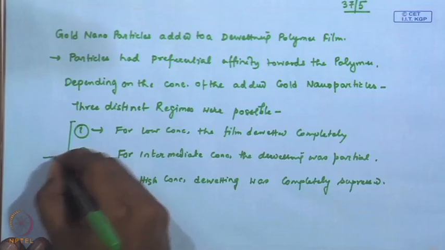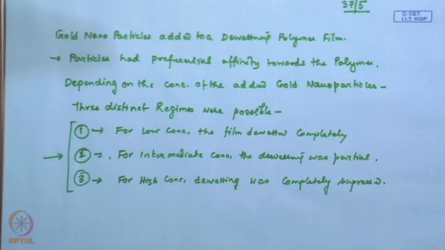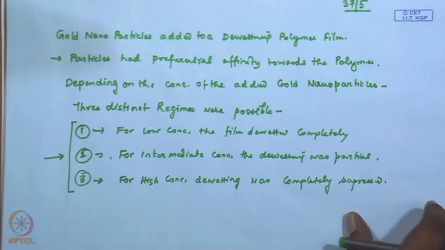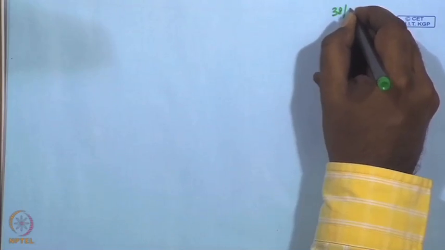So, indeed in certain cases dewetting was getting suppressed, but in certain cases the film even with the nanoparticles was dewetting. And so, these results show that yes, it is possible, that it is not only a function of whether you add nanoparticles, you need to understand what happens. So, what we could figure out is that of particular interest was the case where one observed partial dewetting.